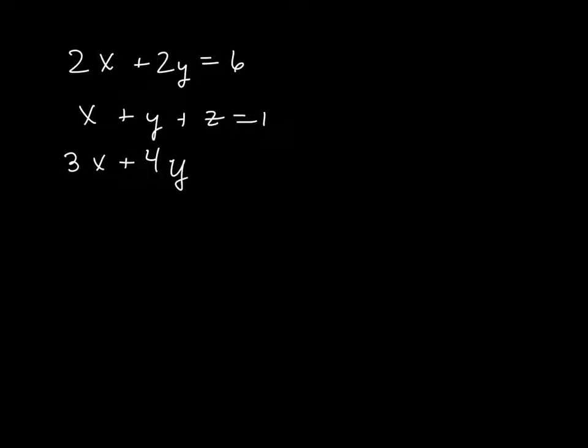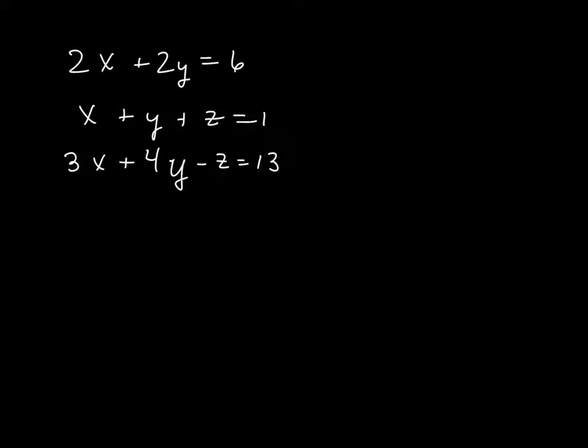So let's go ahead and start looking at a question of how we're going to use this. So we have 2x plus 2y is equal to 6. I have x plus y plus z is equal to 1, and 3x plus 4y minus z is equal to 13.